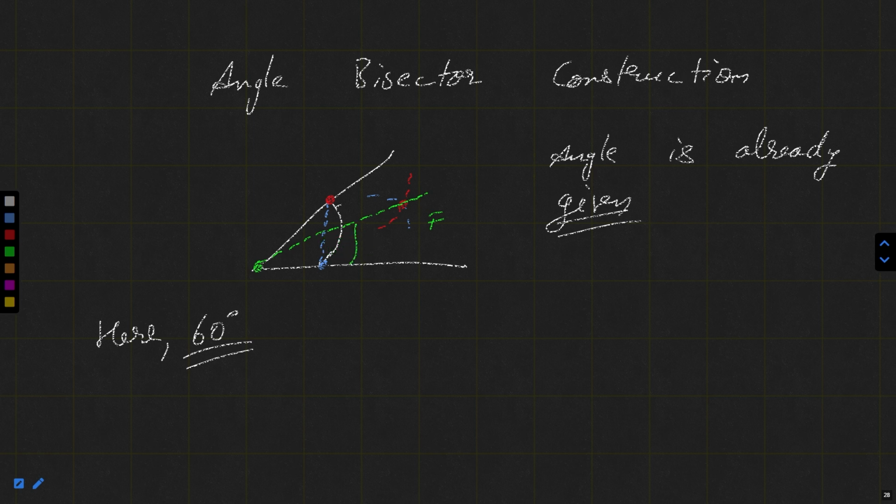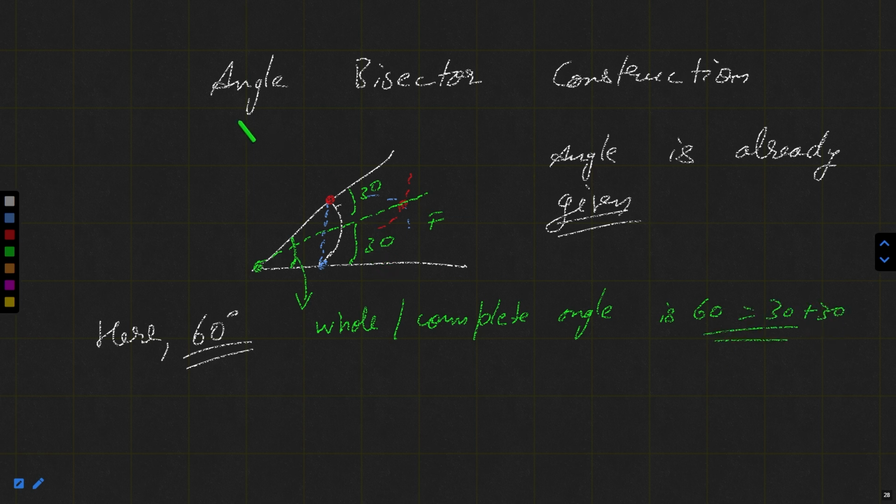So this will be our 30 and this will be our 30, and the complete angle is 60, which is 30 plus 30. So we have made a 30 degree angle by using angle bisector construction out of a 60 degree angle. I hope this is clear.